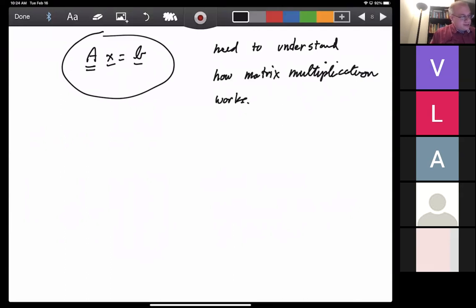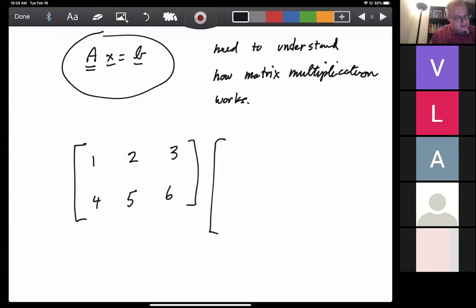All right, so here's an example of a matrix.